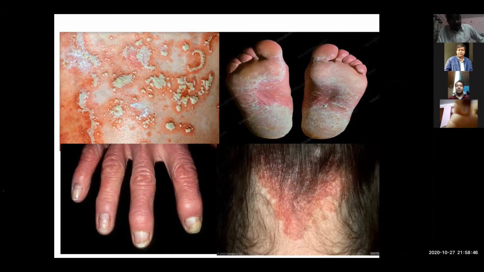So, in a case of psoriasis, you need not look at the skin alone. You have to look at the scalp. You have to look at the nails also. Your dermatological examination is incomplete unless you examine the hairs, nails, and the mucosa, the oral mucosa and the genital mucosa too. This is what we teach our postgraduate students.